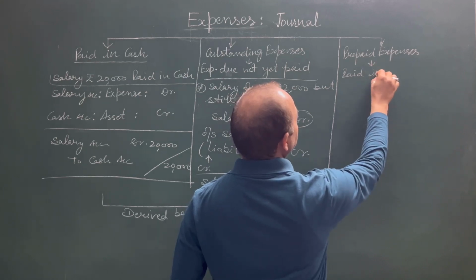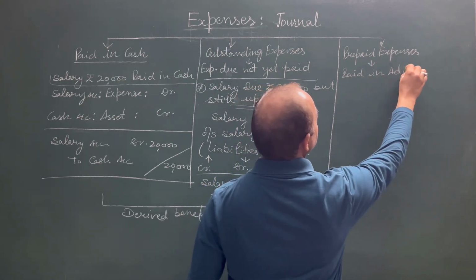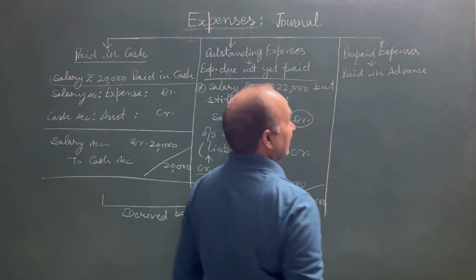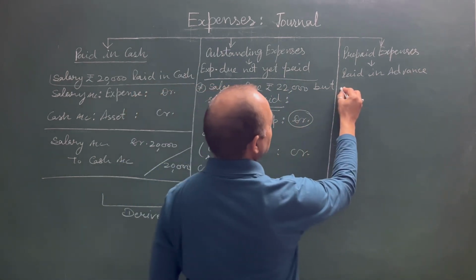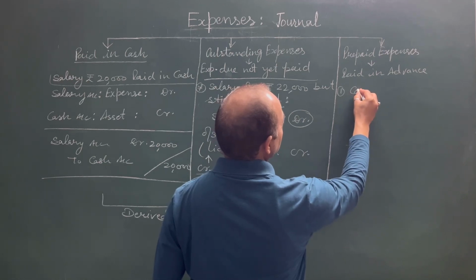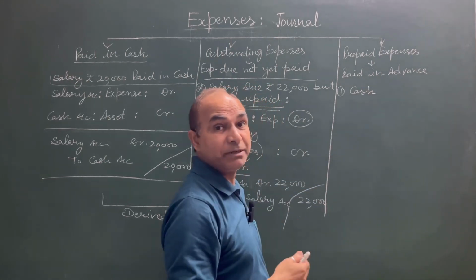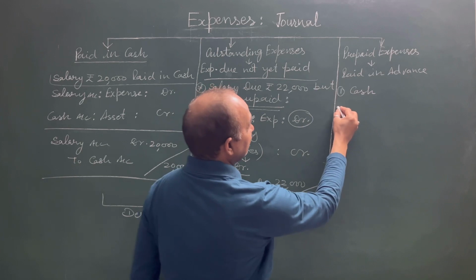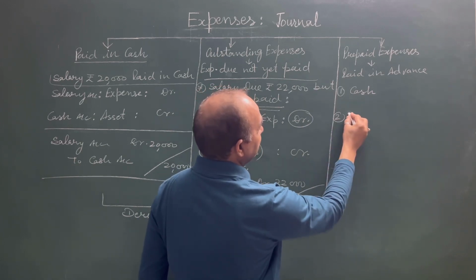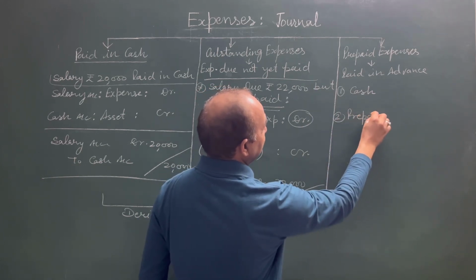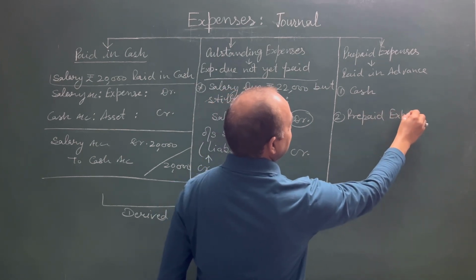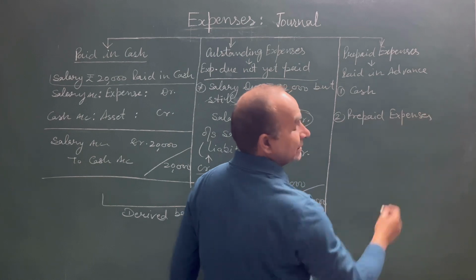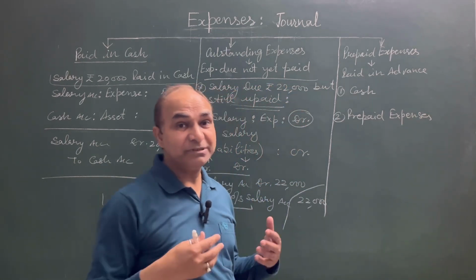There are two accounts in this category, and the first one is cash, because we have made the payment in cash, and second account is prepaid expense. It may be salary, it may be repair, it may be wages.